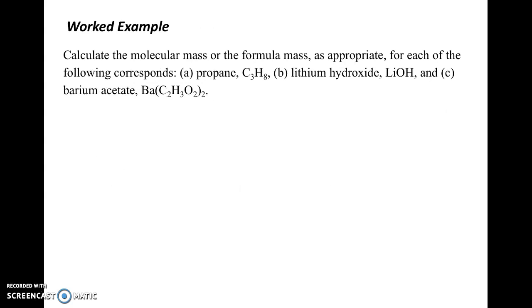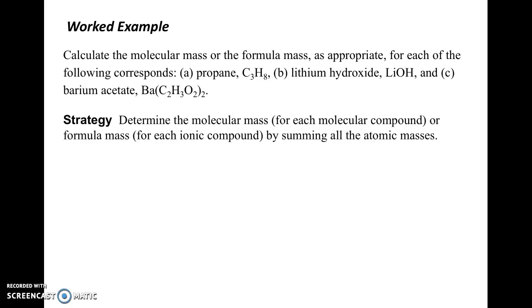We have propane, which is an organic compound, lithium hydroxide, which is inorganic, and in fact it's an ionic compound, or barium acetate, which is also an ionic compound. And so if you remember, we're going to determine that molecular mass, or the formula mass for the ionic compound, by summing up the atomic masses.